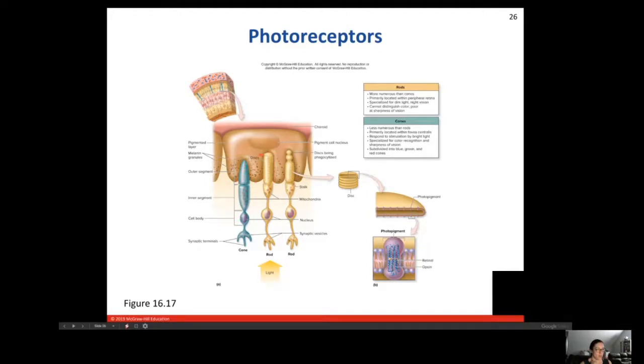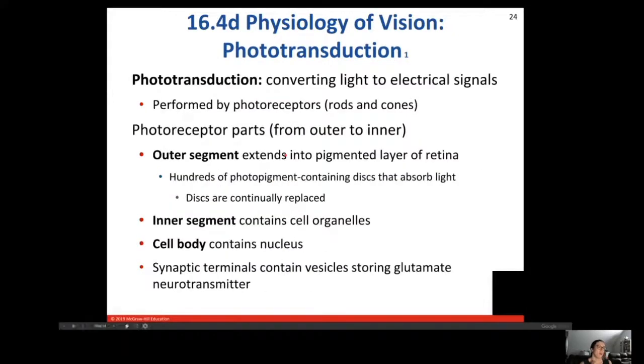This one is a rod, it's rod-shaped. You can see that the outer segments are embedded in the pigmented layer of the retina. The outer segment is going to have lots of photopigment-containing discs that absorb light. We'll talk about what photopigment is, and we'll look at the discs in a little more detail in a second. The discs are replaced often.